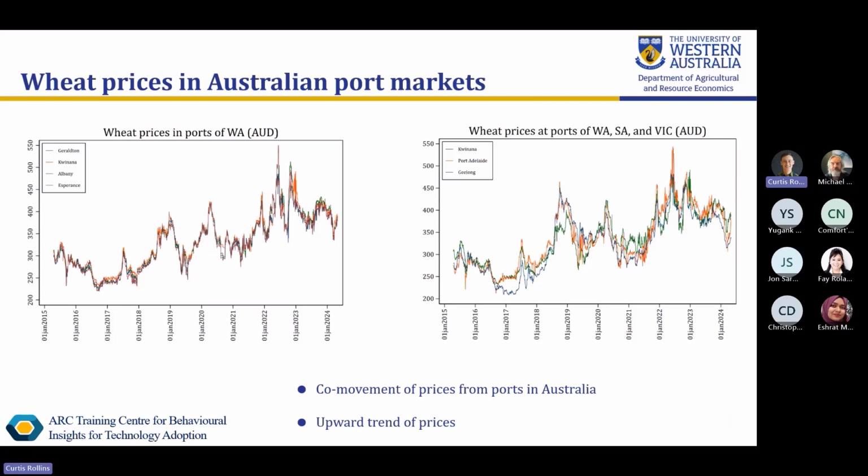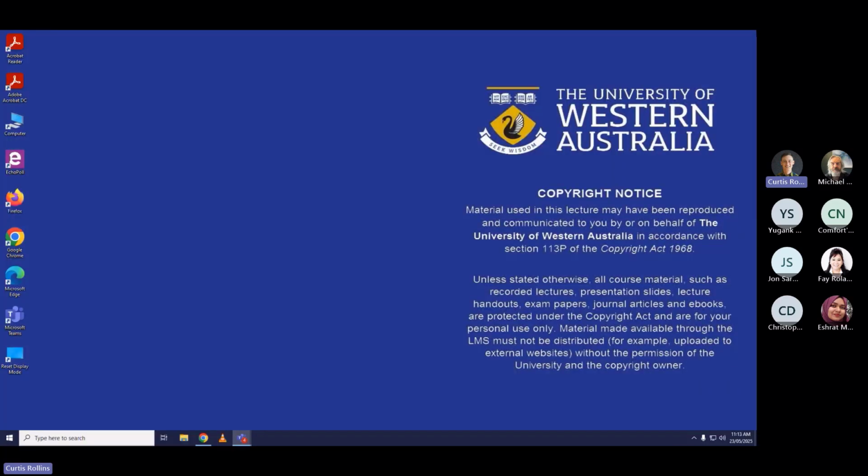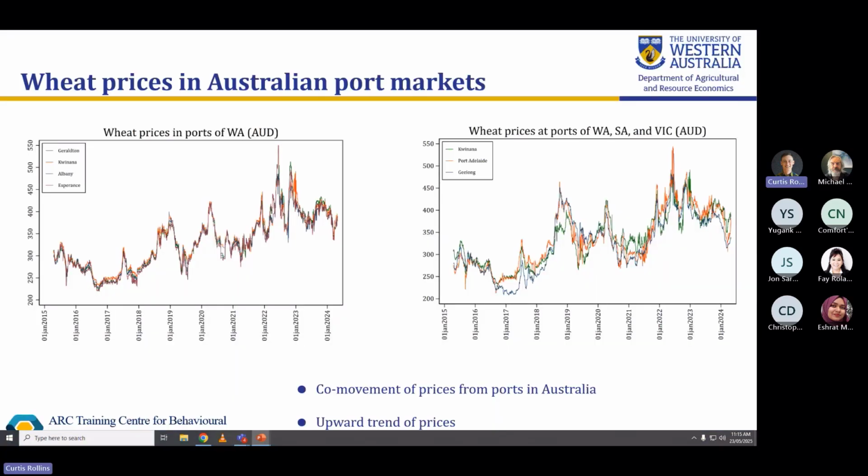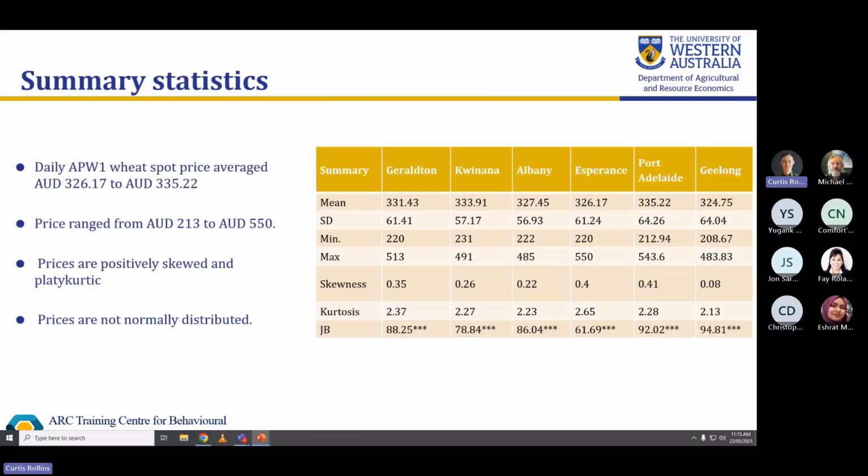If we see the price series of Australia, there is some kind of co-movement between these port prices. This is the WA prices, 4 WA prices, and that is Kwinana, Port Adelaide, and Geelong prices. And there is a clear upward trend in the price series over these 10 years.